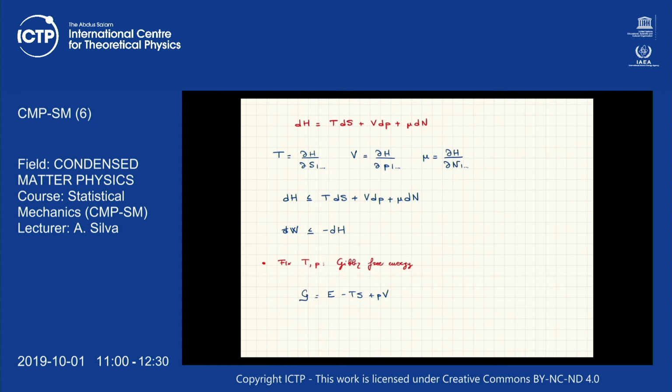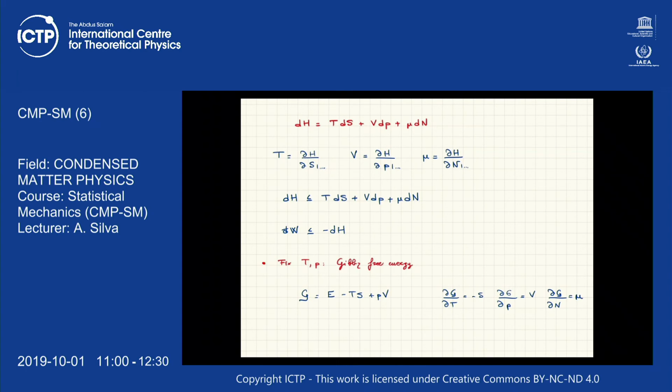You do the calculations, you will discover that, for example, dG/dT is equal to minus S, dG/dP is equal to V, and dG/dN is equal to mu.